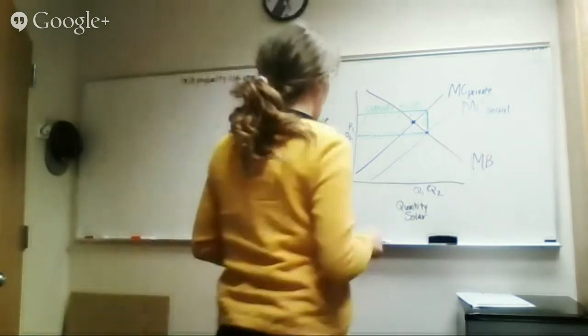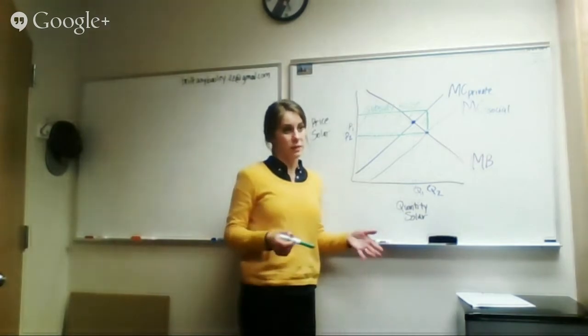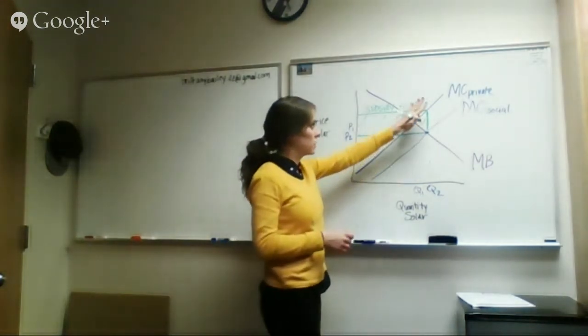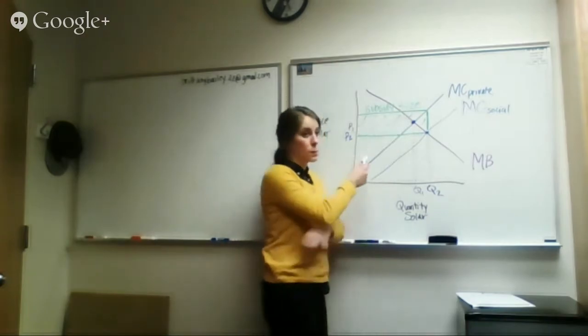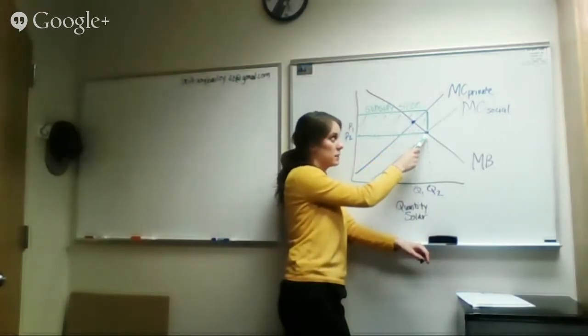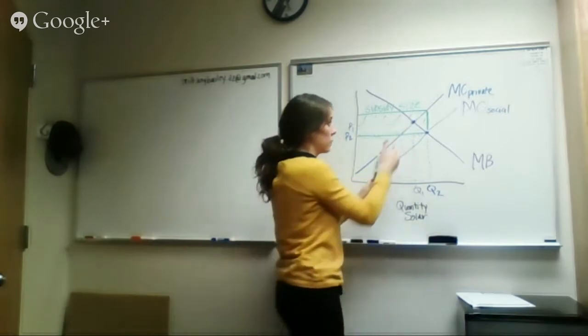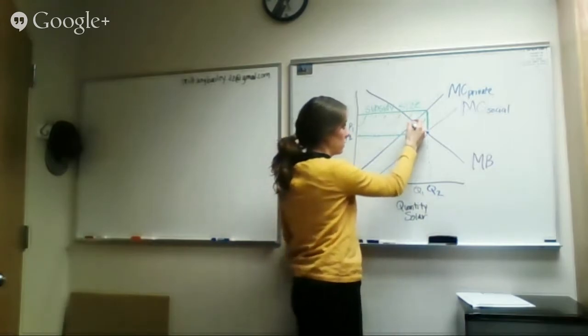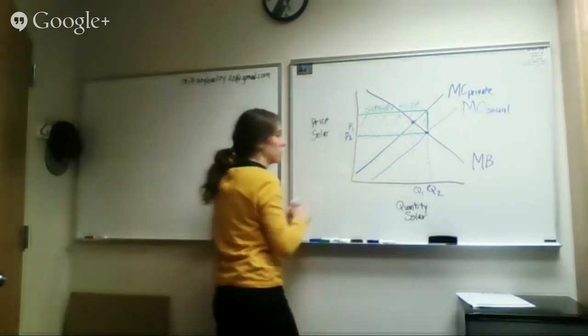Okay, so there would have been a dead weight loss before the subsidy, because producers wouldn't have been taking into account this true social cost. They would have only been looking at this private cost. They would have only produced to this point, right? So then all of these areas in here, which I will color orange.